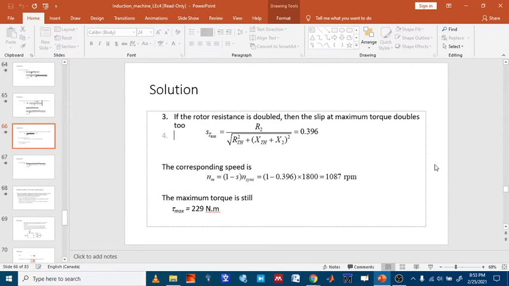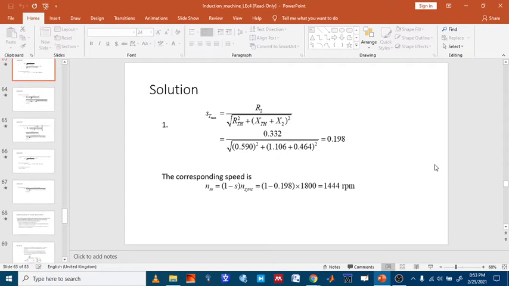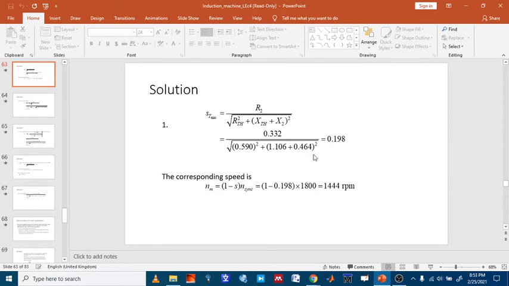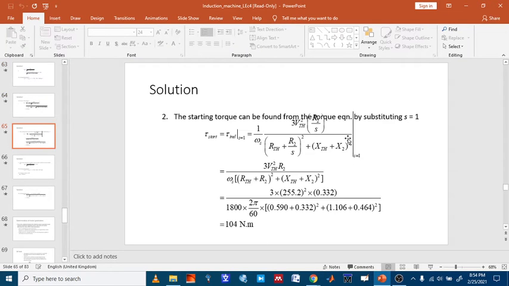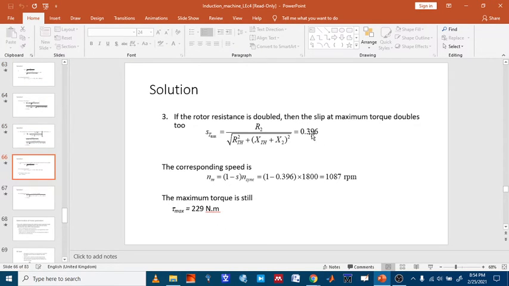Look at something. The slip at maximum torque, when you double the rotor resistance, will also double. So you multiply the slip at maximum torque by 2 and you get this. Get it.